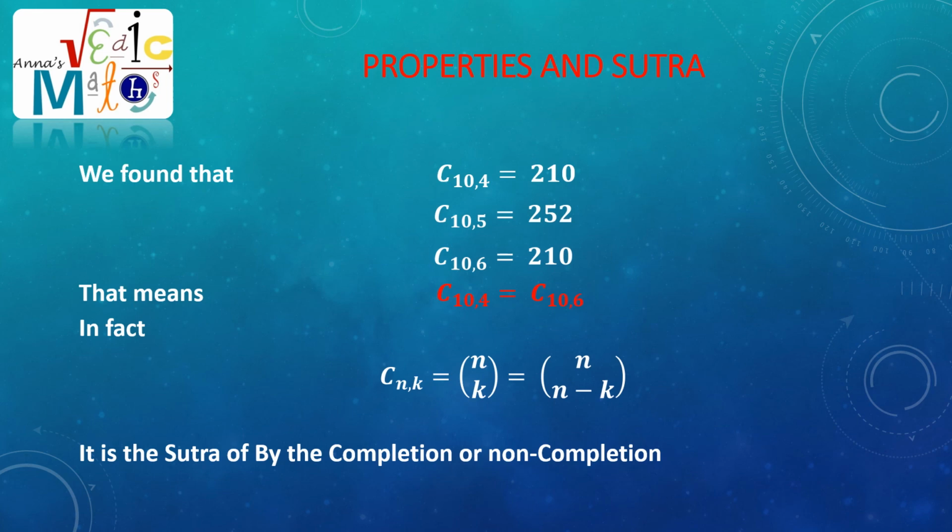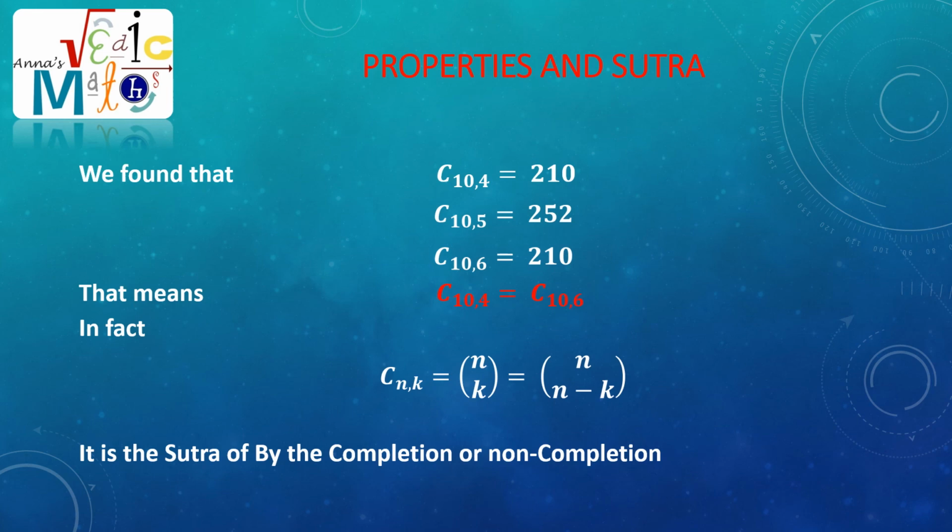That means the combination of 10 elements taken 4 at a time is equal to the combination of 10 elements taken 6 at a time. The reason is that 4 plus 6 is equal to 10.